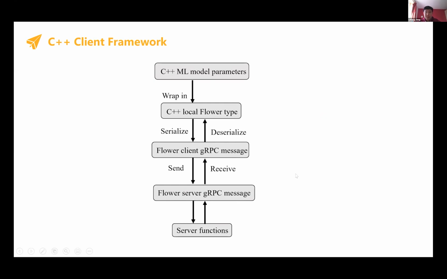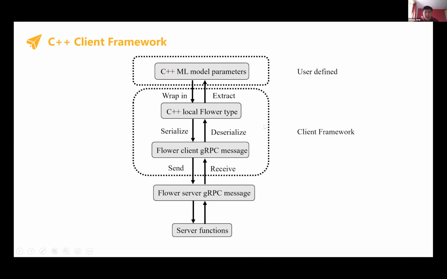Then it is deserialized to the Flower type, and finally extracted to C++ parameters. This part is what users have to define, and this part is what we want to develop, the client framework. And this part is the Flower server, which has already been written in Python. As you can see, in the C++ client framework there are two important things: the first is the Flower type, and the second is the gRPC message communication methods.